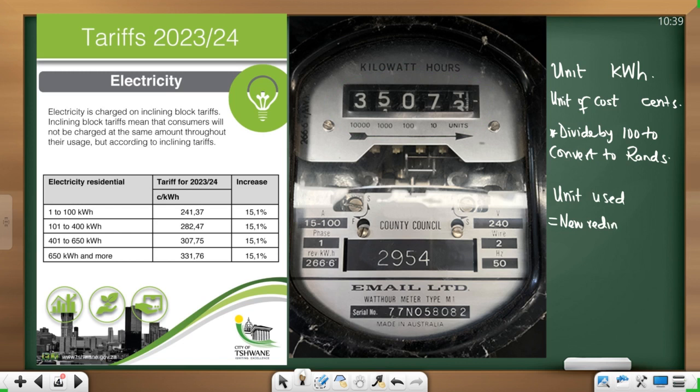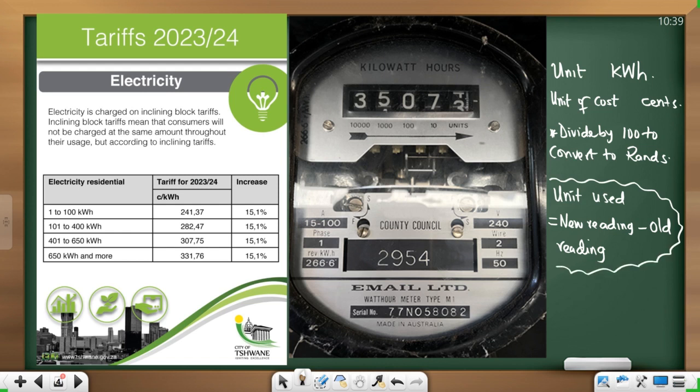Please write these formulas down. New reading, minus old reading. That's how we're going to first calculate the number of units of electricity used.